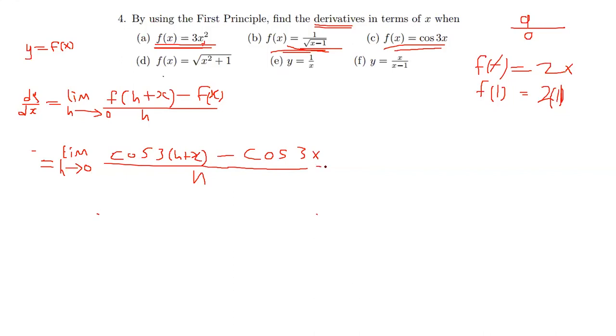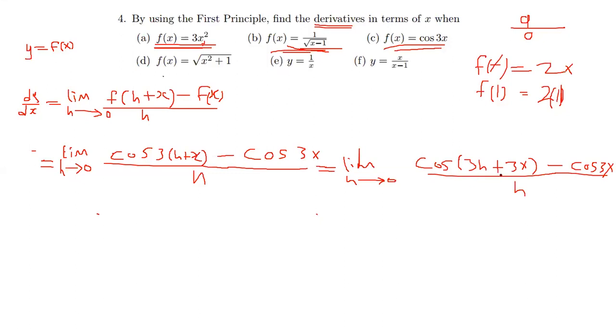So this can also be simplified as the limit as h approaches 0 of cos of 3h plus 3x, minus cos 3x, everything divided by h.